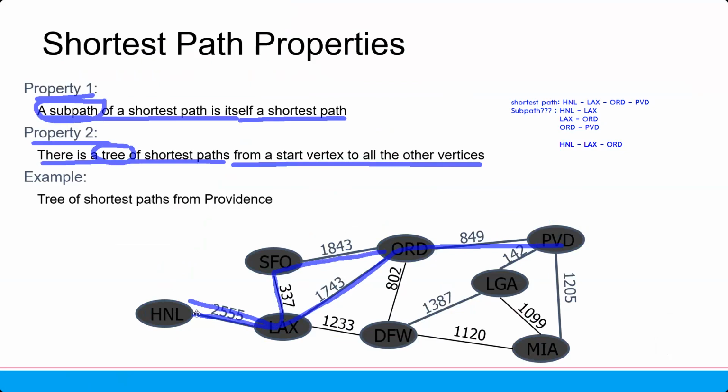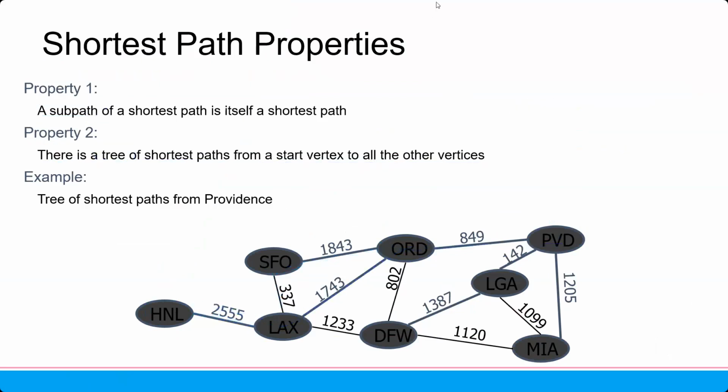So if we know that there is a shortest path from Honolulu to Providence, okay, so there is a tree. So this is one of the trees. So for example, a tree of shortest paths from Providence. So this is a tree from Providence to Honolulu.